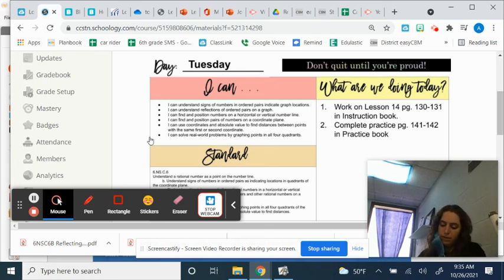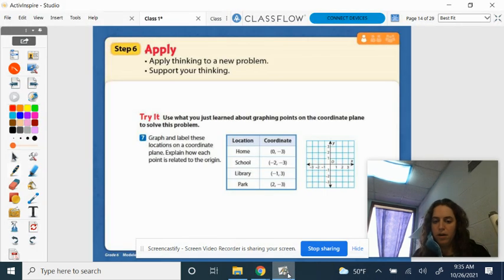So, Thomas was right. I forgot about this last section. On this bottom section down here, you have the try it. It says for you to graph and label the locations. So you should have 4 different ones. Pay attention, because the home has a 0 on the X. So if the X has a 0, what line is it going to be on?